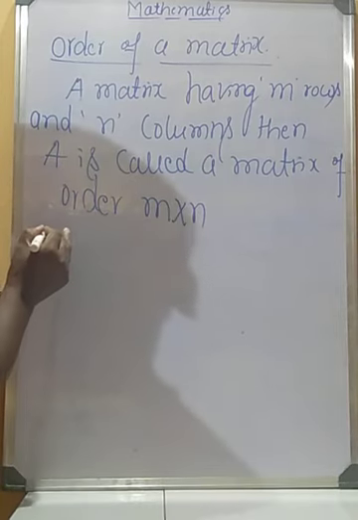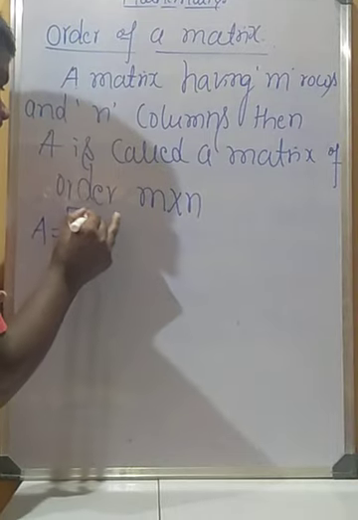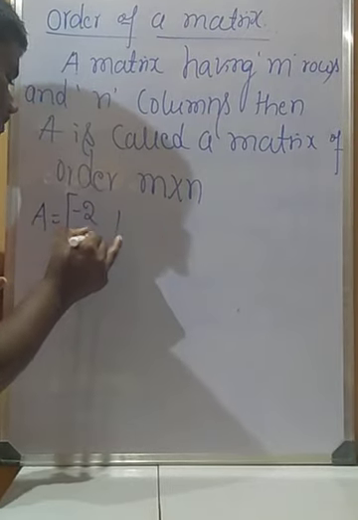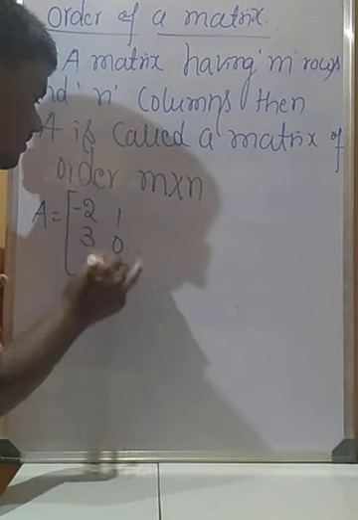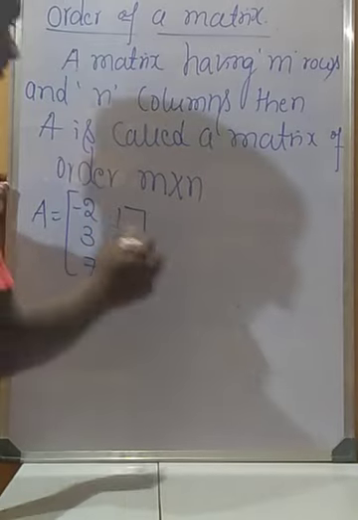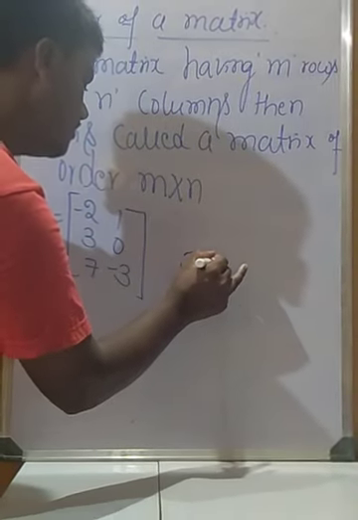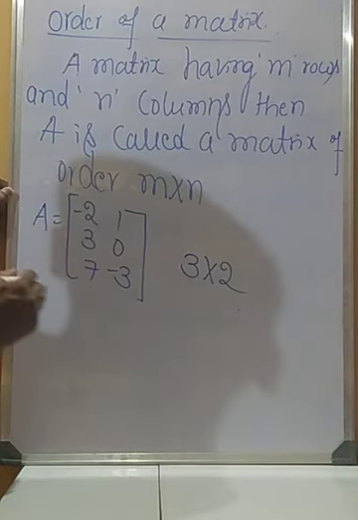For example, matrix A equal to -2, 1, 3, 0, 7, -3 is a matrix of order 3 cross 2.